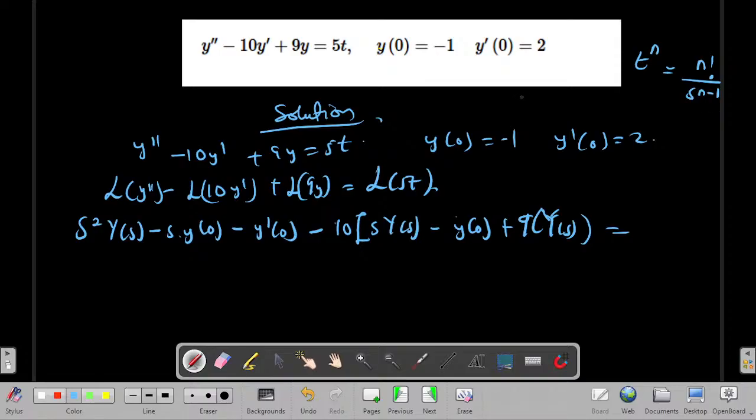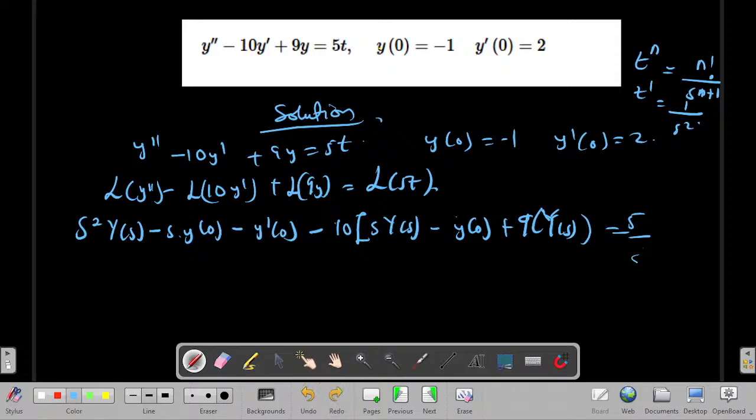Sorry, it should be n plus 1 rather. Here we have 5t, meaning t to the power 1. So 1 factorial is 1, and we get s squared. The constant here is 5. Therefore, my answer is 5 over s squared.